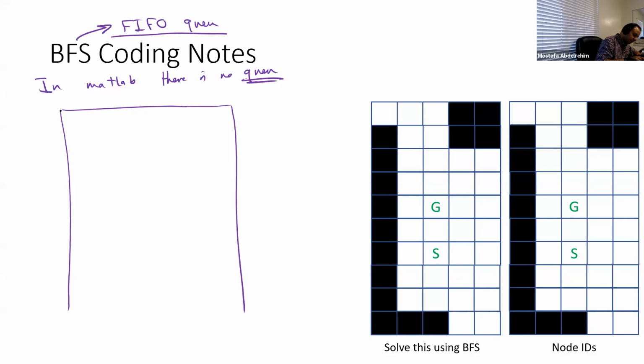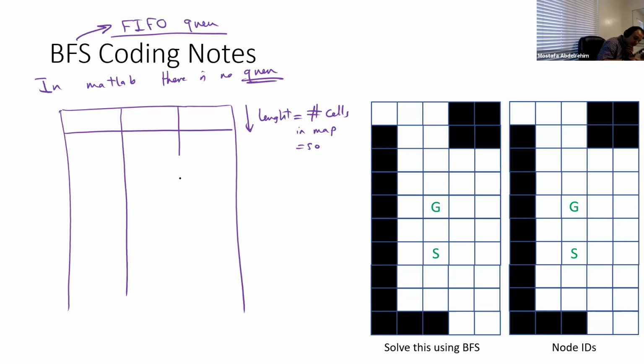Okay. And that array has a length equal to the number of cells in our map. So for example, this map here has 10 rows, 5 columns, it has 50 entries. Okay. And this array in here has 3 columns.